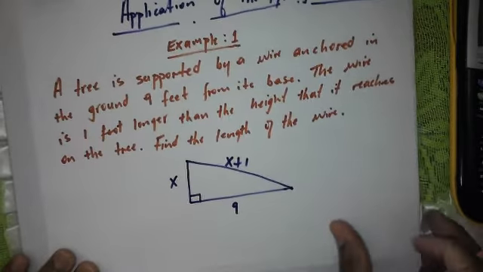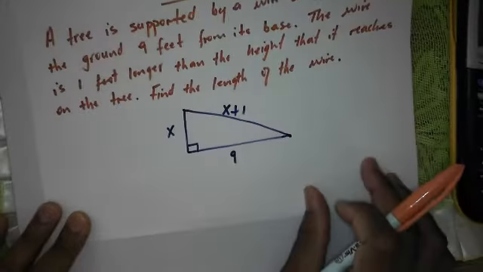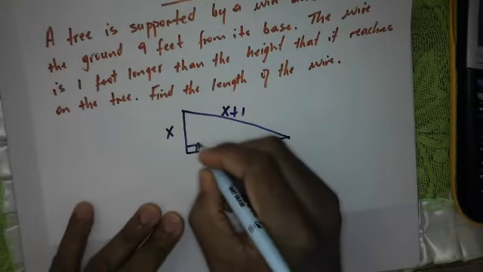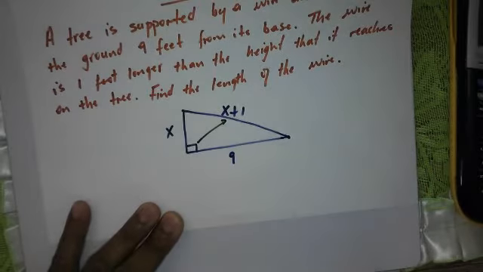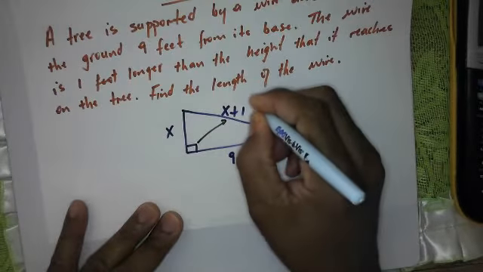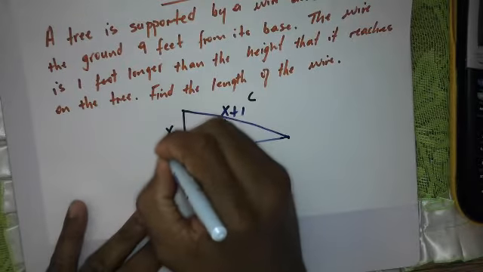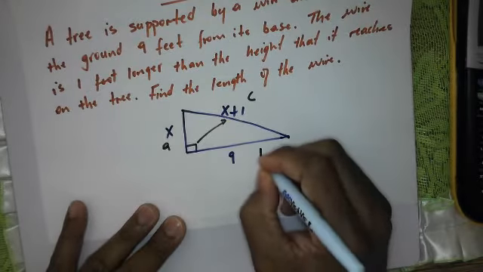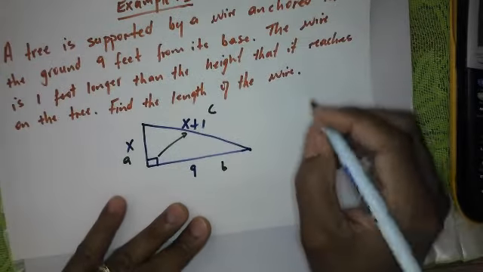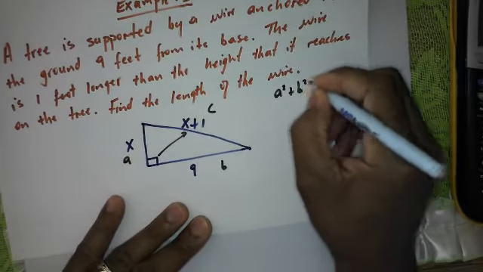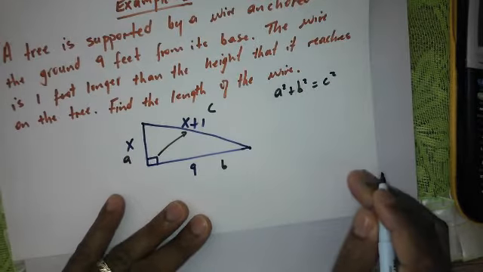In finding the length of the wire, we're going to apply our Pythagorean theorem. Okay? Because this is a right triangle. Always remember that the length across from your right angle is your hypotenuse, which is the same as your C. Then I can call one of the other sides A and the other side B. Your Pythagorean theorem states A squared plus B squared equals C squared.